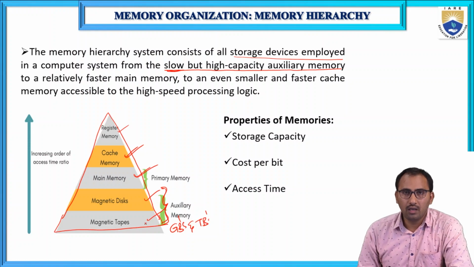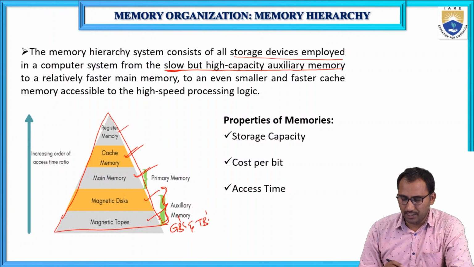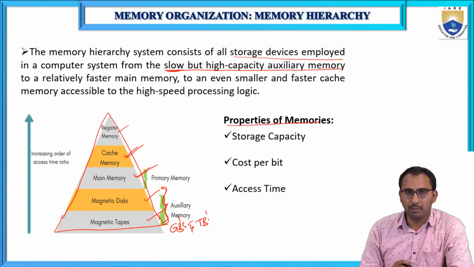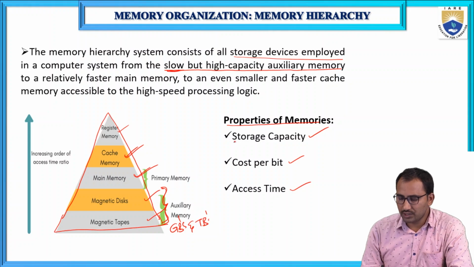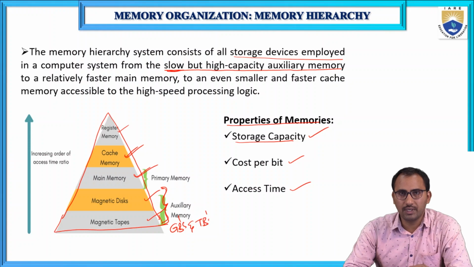And if you look into the properties of memories, basically every memory has some properties like storage capacity, cost per bit, access time. These are the main properties of the memory. What is the first one? Storage capacity. What is storage capacity?